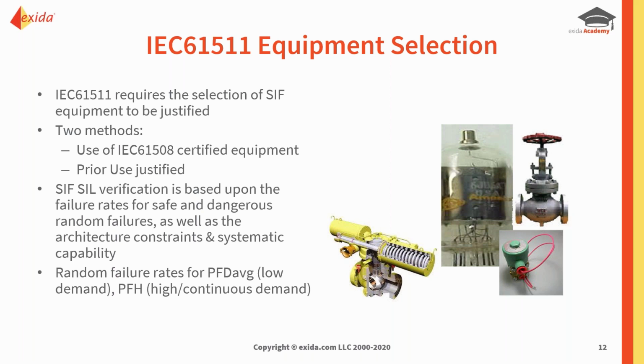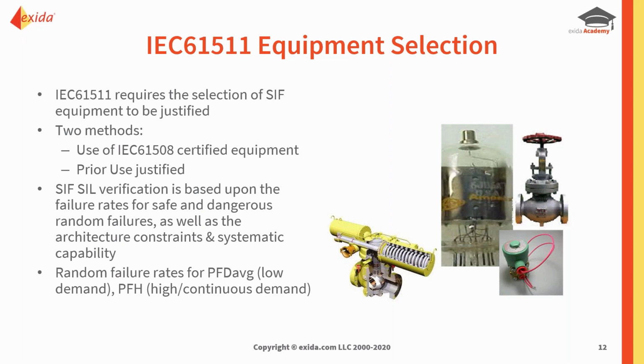When it comes to doing the SIL verification of the SIF, we have to make sure that we have failure rates for both the safe and dangerous random failures. So in other words, random failures are used in our PFD average calculations for low demand or PFH for high or continuous demand.